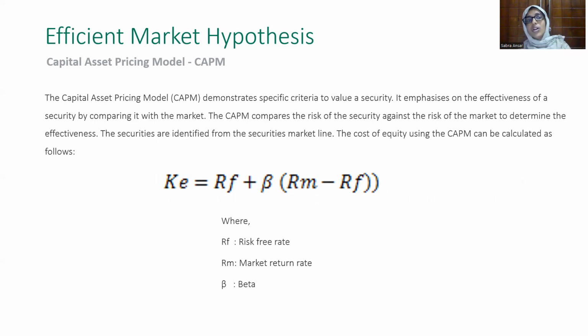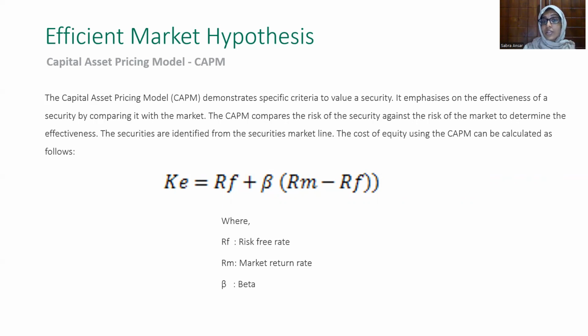Now, we will be moving on to CAPM, the capital asset pricing model. The capital asset pricing model generally demonstrates a specific way to value a security. It emphasizes the effectiveness of the security by comparing it with the market.